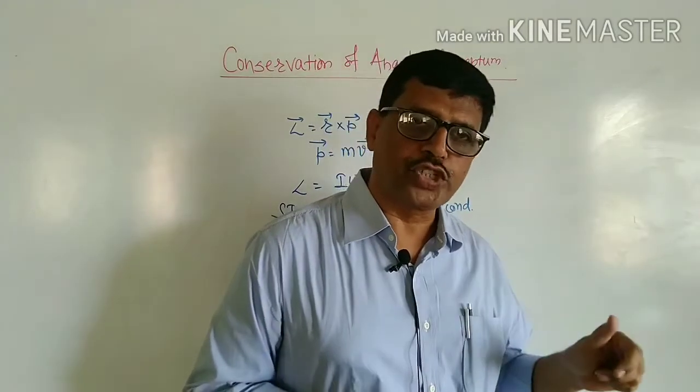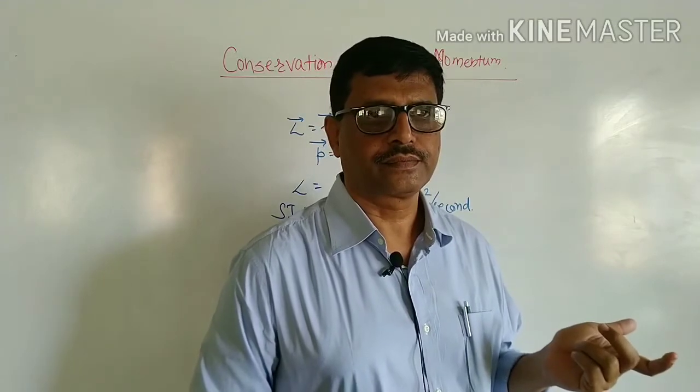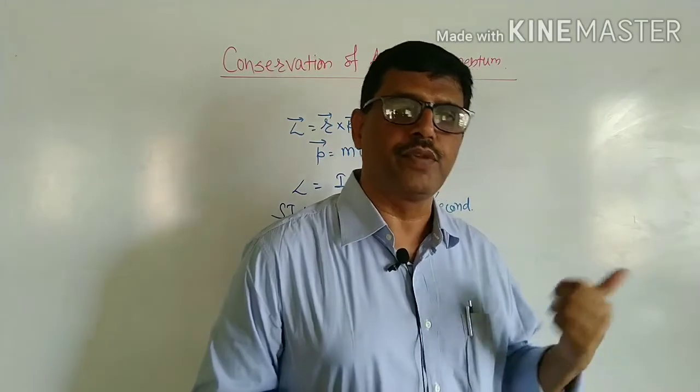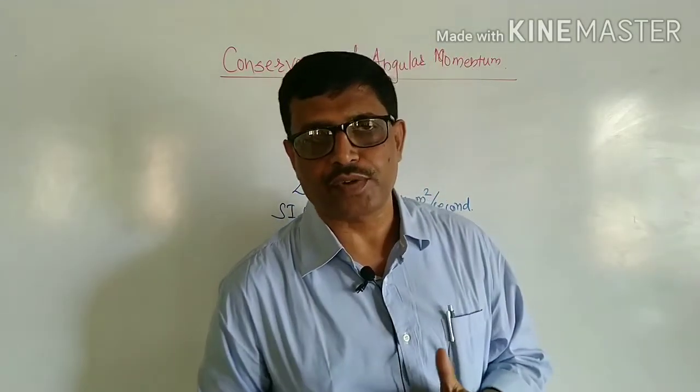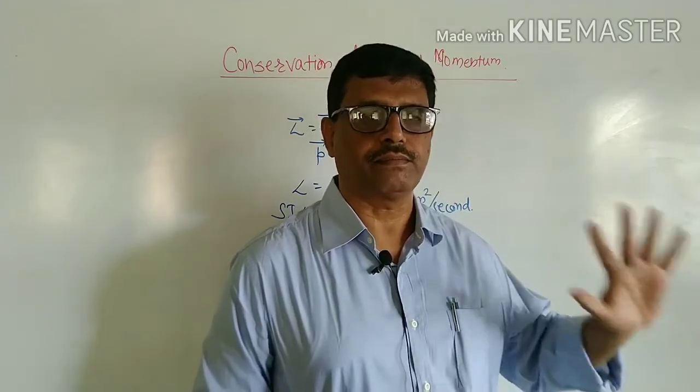In linear motion, in the absence of external force, for a colliding system of bodies, momentum before collision is equal to momentum after collision. This is the law of conservation of linear momentum.